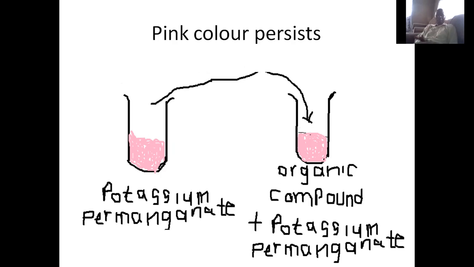This is a very important tool that we can use to test whether compounds are saturated or unsaturated using potassium permanganate as well as bromine water tests. It's normally asked in the O-level examinations, and I hope you take keen interest to study it thoroughly so that it gives you a leeway to pass the examinations.